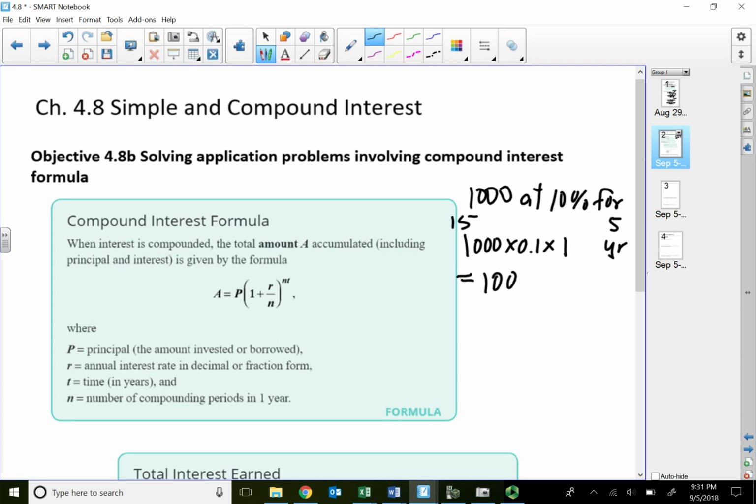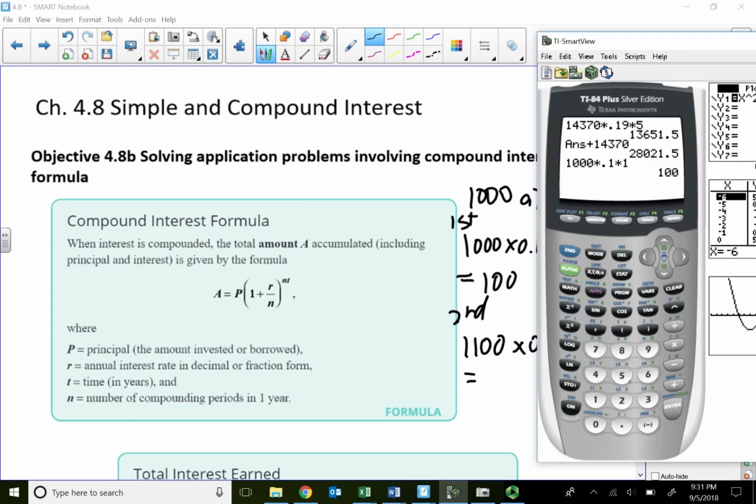That's the first year. In the second year, I don't take my interest out. The interest stays in this account on top of my $1,000, so the second year I should have $1,100. So I take my $1,100 and invest it at 10% for another year.